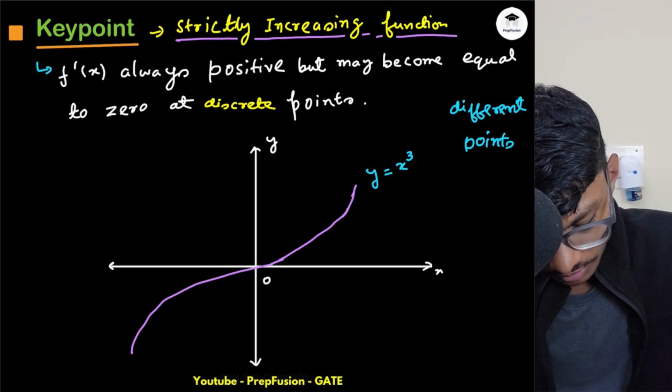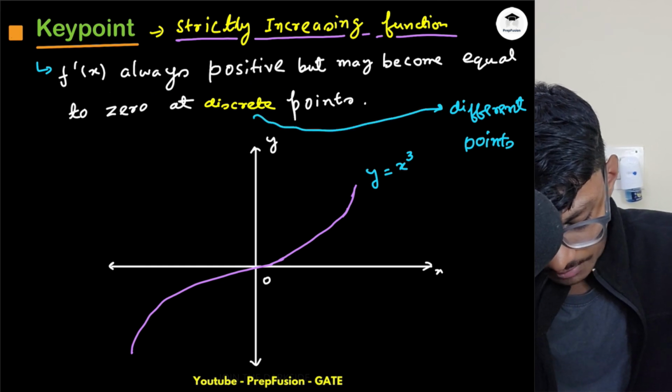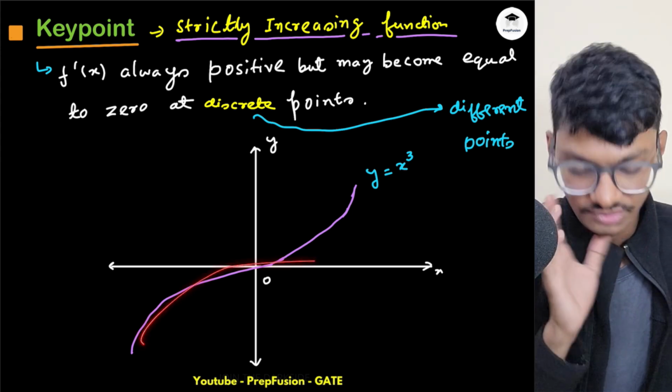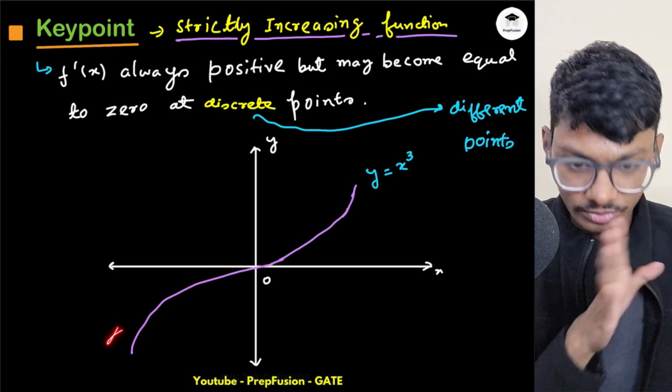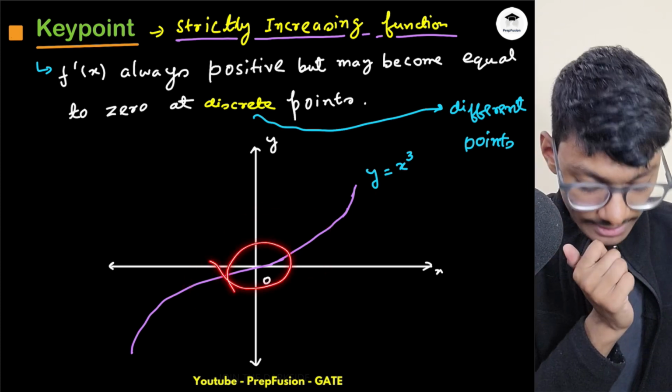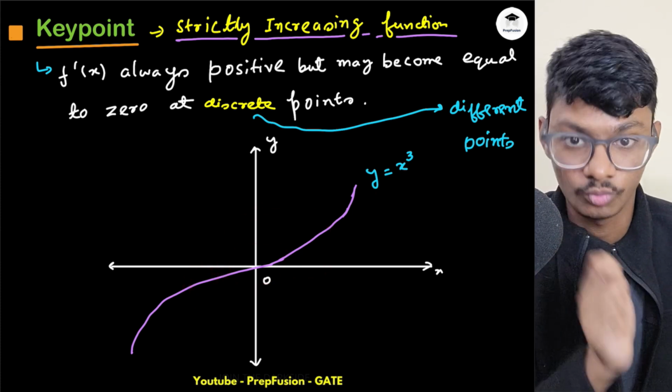So this is what I wanted to write, that it will always be greater than 0, but it can become 0 at discrete points. In this case, if you see y equals x cube, the slope is always positive. Okay, always positive except at x equals 0. At x equals 0, the slope is also 0.